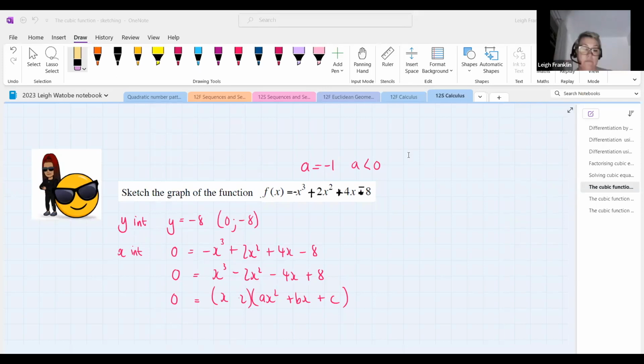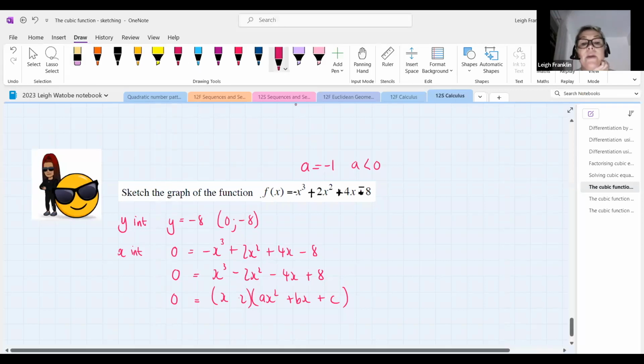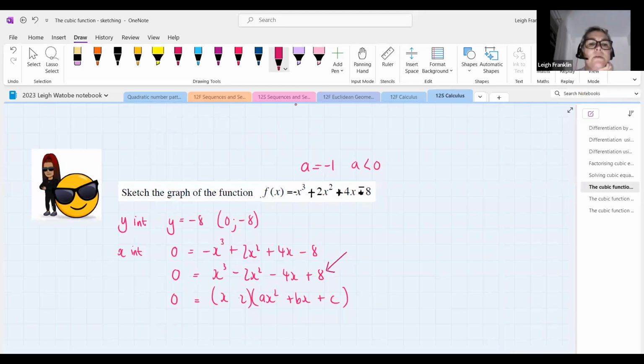So +2 gave you 0 and -2 gave you 0. Are you guys using this equation over here? Is it going to make any difference? It shouldn't. Natalie? Yes, ma'am. It works for both of them. I just tested it and it works for both of them.